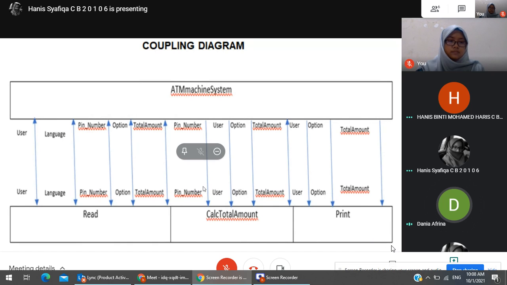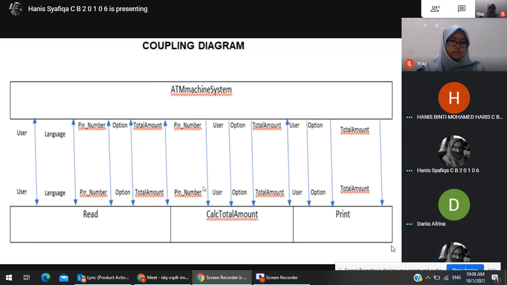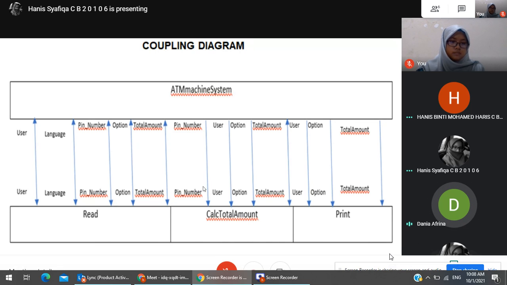Diagram for the ATM system, which includes read, total amount, and print. So for the top variable, and from the bottom is the output from the given data from the user.